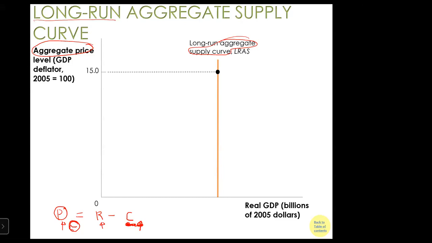But at this point, you may want to ask questions. Yes, the aggregate supply is independent of aggregate price, but why are we here? Just look at this horizontal line. Why are we here?